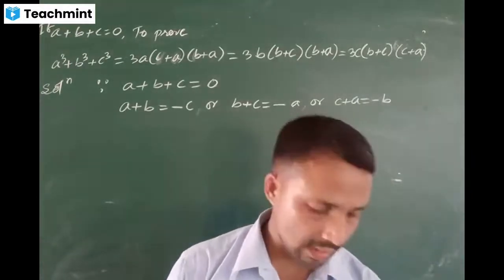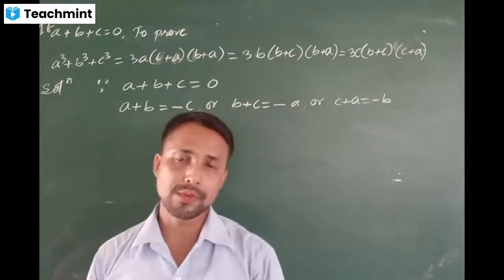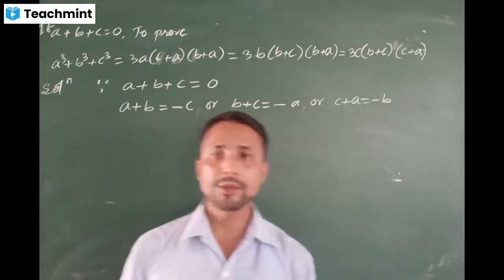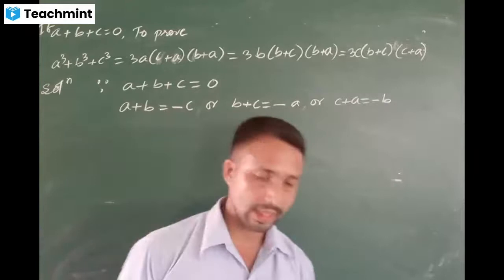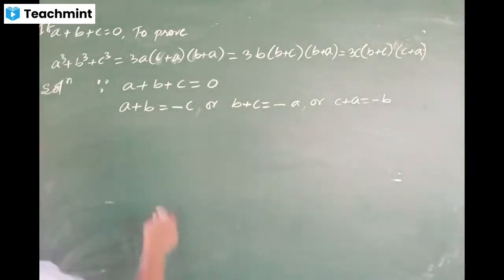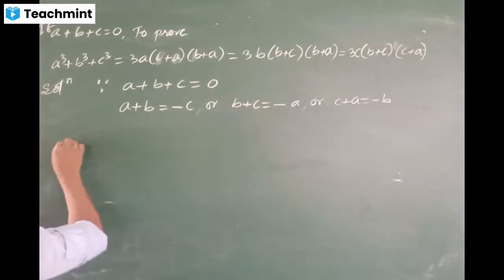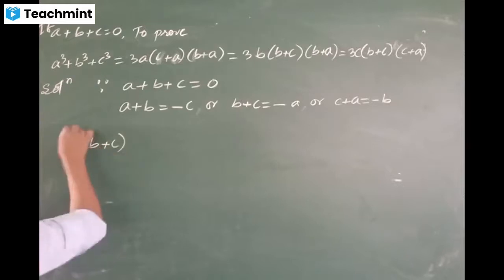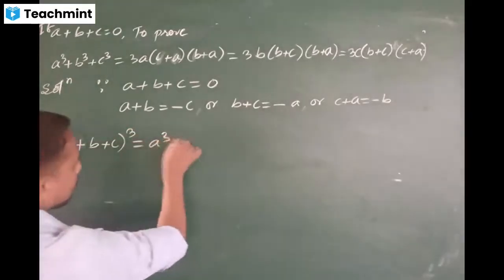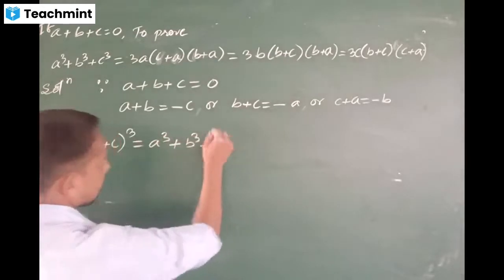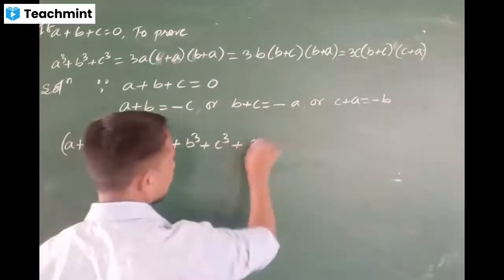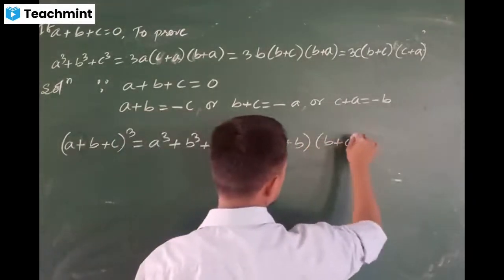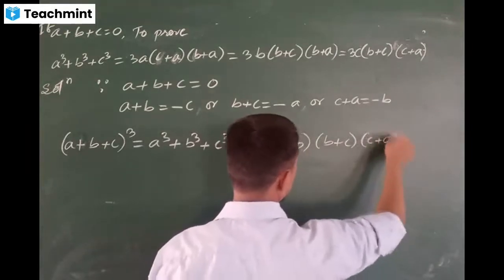Okay, formula 1 is there. A plus B plus C whole cube equal A cube plus B cube plus C cube plus 3 into A plus B into B plus C into C plus A. So let us write completely: A plus B plus C whole cube is equal to A cube plus B cube plus C cube plus 3 into A plus B into B plus C into C plus A.